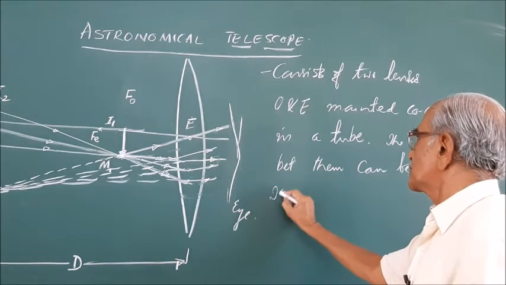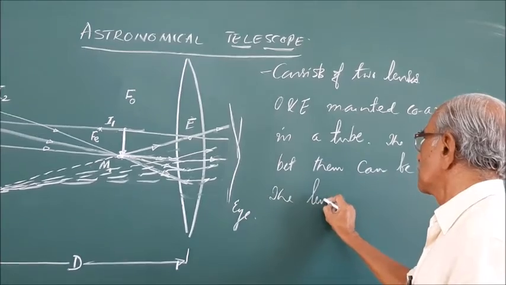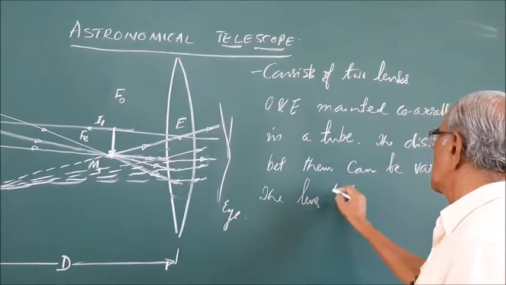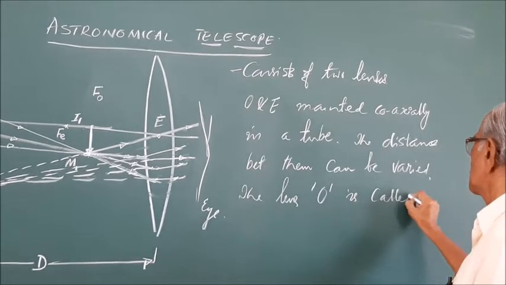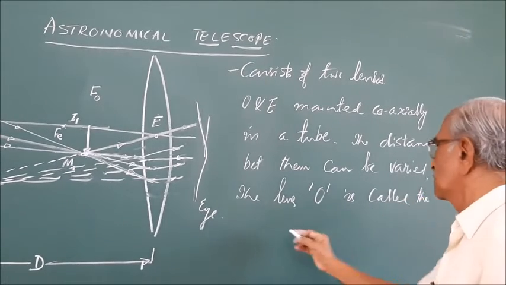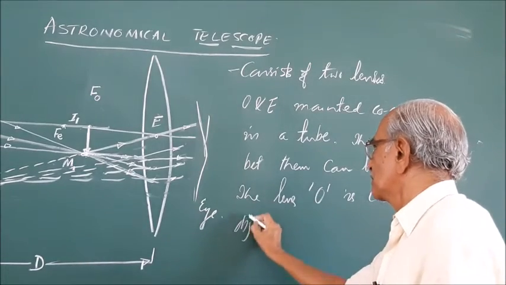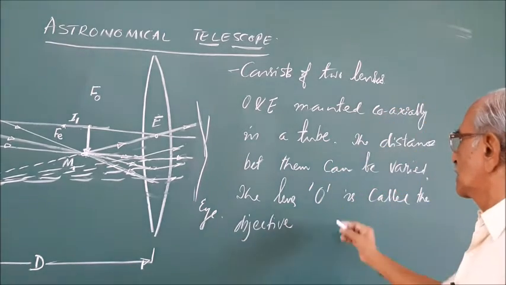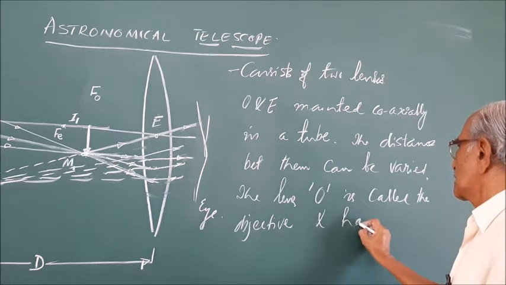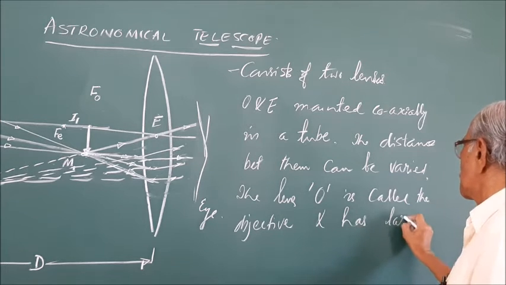The lens O is called the objective, as it is towards the object and has very large focal length.